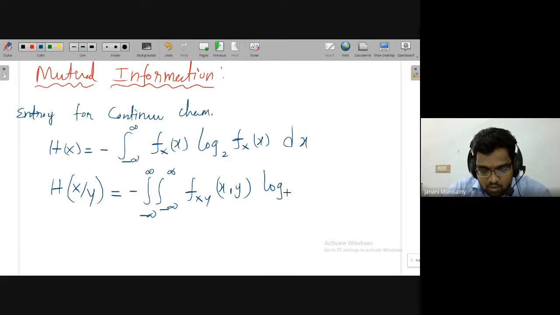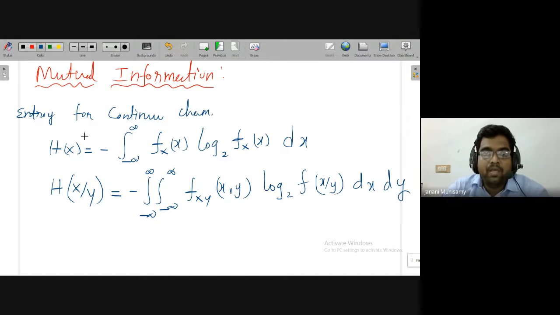Again, log base 2 f of x given y, dx dy is the conditional entropy. If it is y given x, here we will have a change. Instead of f of x given y, here we will get f of y given x. That is the difference. So this is the formula of the entropy for the continuous channel and then conditional entropy for the continuous channel.